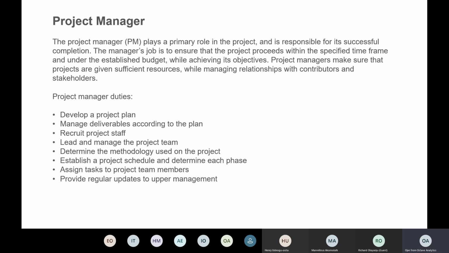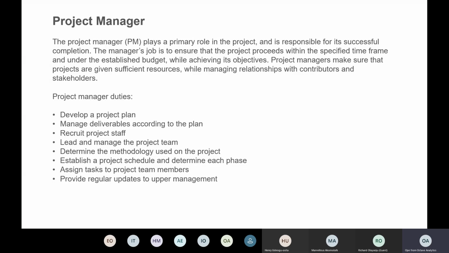Now, as a team member also, you must help your project manager to achieve the goals of the project, because the success of a project is on the team, not on the project manager alone. It's on the team. So as a team member, you must ensure collaboration.